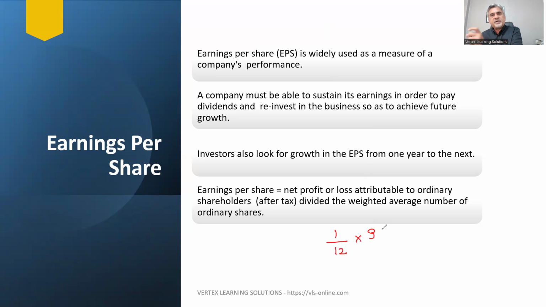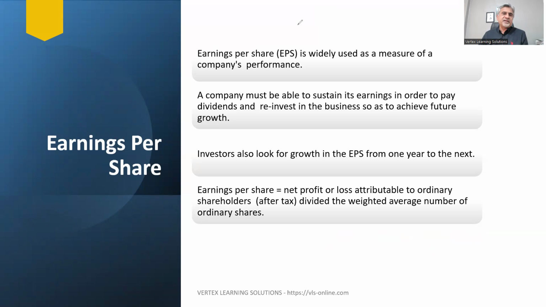From October, November, December, you issued 500,000 more. And then you have 1.5 million again, but this is divided by 12 into 3. So it shows you that for 9 months, you have 1 million. For 3 months, you have 1.5 million. And then when you make a total, you will get the weighted average number of shares.